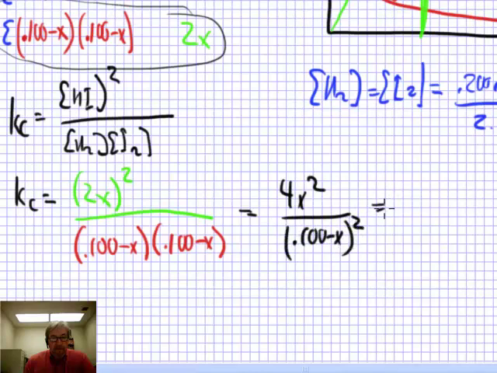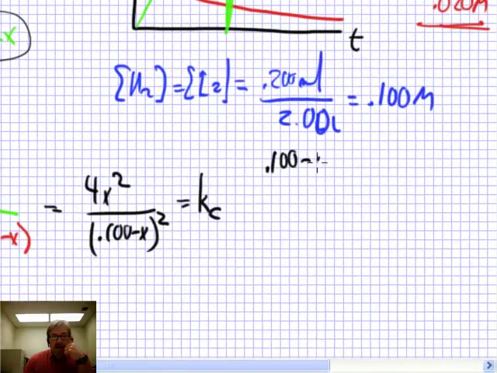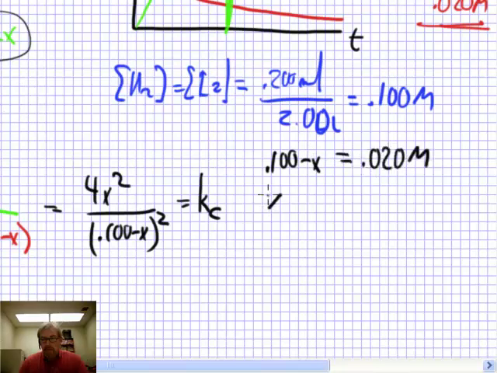Now, if we knew what X was, we could evaluate for Kc. We sort of do know what X is, because the equilibrium concentration of I2 is given to us, and the equilibrium concentration of I2 is 0.100 minus X. So if 0.100 minus X is equal to 0.020 molar, this means X is equal to 0.100 minus 0.020 molar, and that equals 0.080 molar.